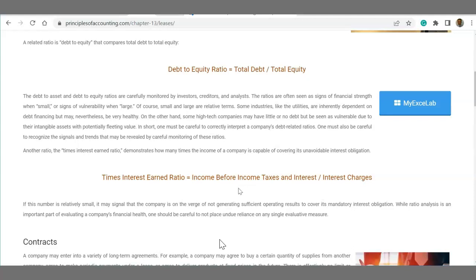That will give you the earnings of the company compared to interest charges, to see how many times bigger. So if the company's times interest earned ratio is a higher number, that's good because the company has several times more income compared to the interest obligation. That is a good one. If the times interest earned ratio is lower, that means the company has smaller earnings compared to the interest obligation, and that will create more risk.